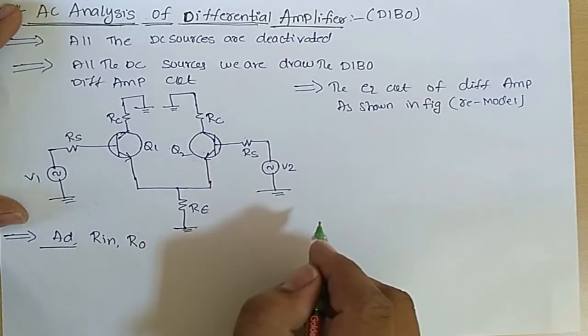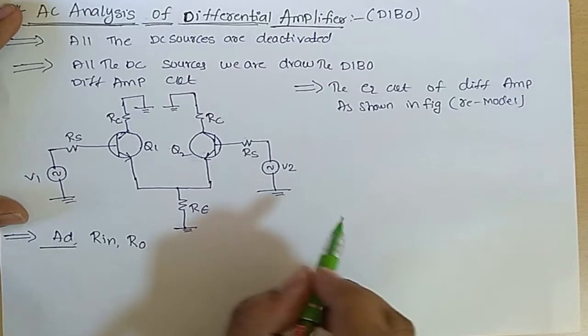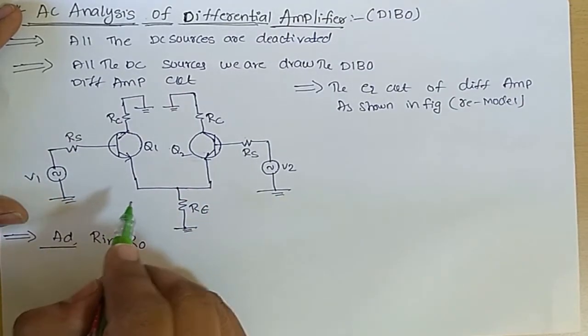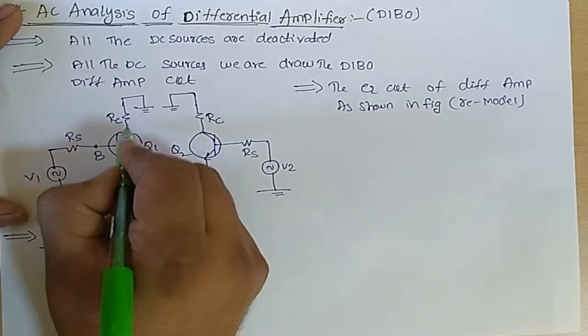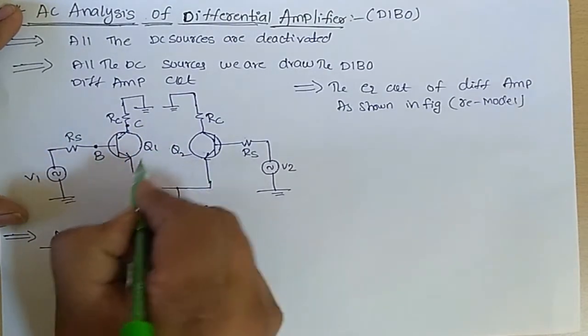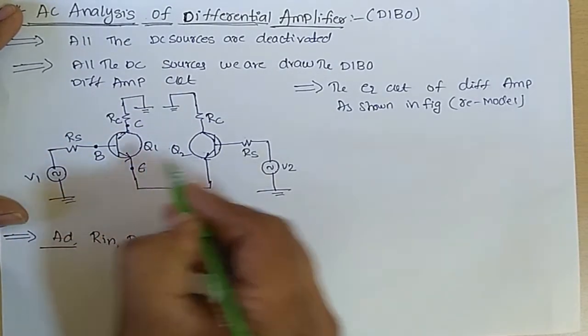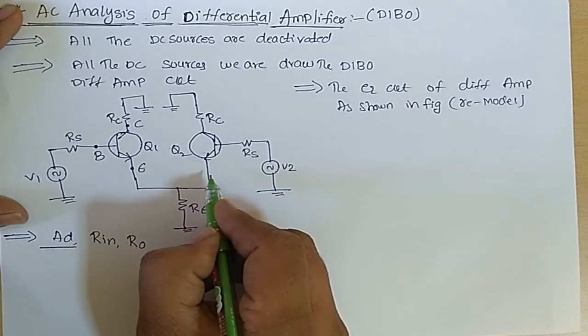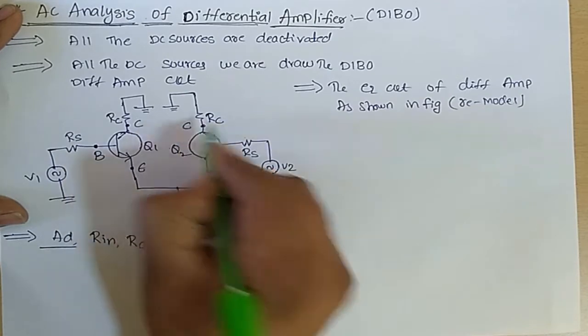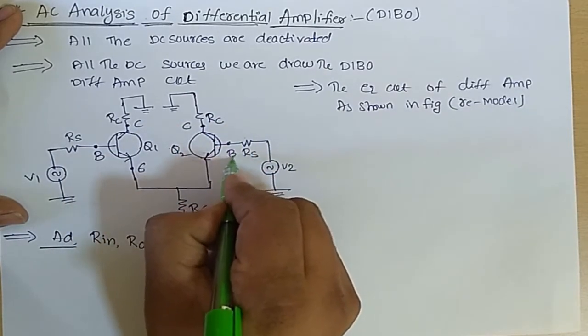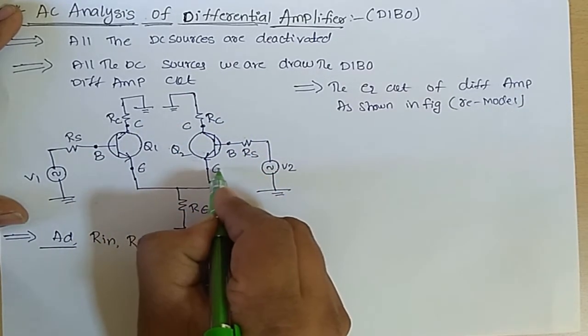Coming to the re model, this Q1 transistor has three terminals: this is the base terminal, this is the collector terminal, and this is the emitter terminal. Similarly, this Q2 transistor also has three terminals: this is the collector terminal, this is the base terminal, and this is the emitter terminal.